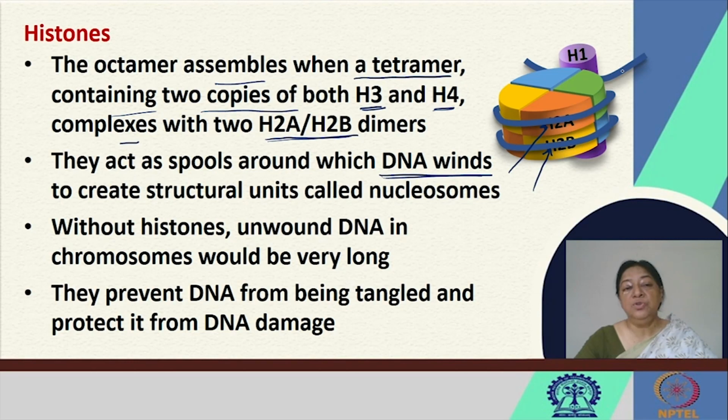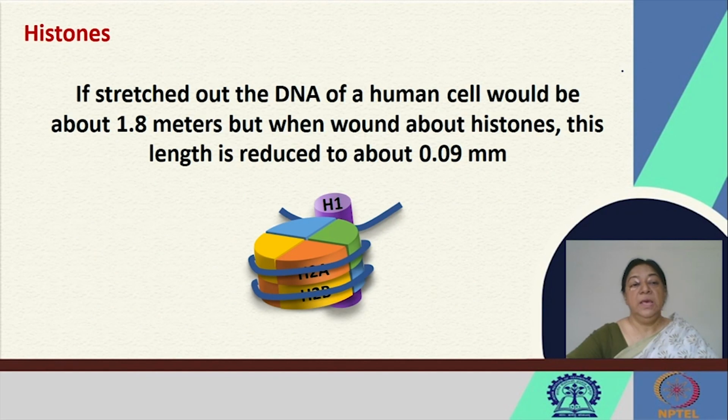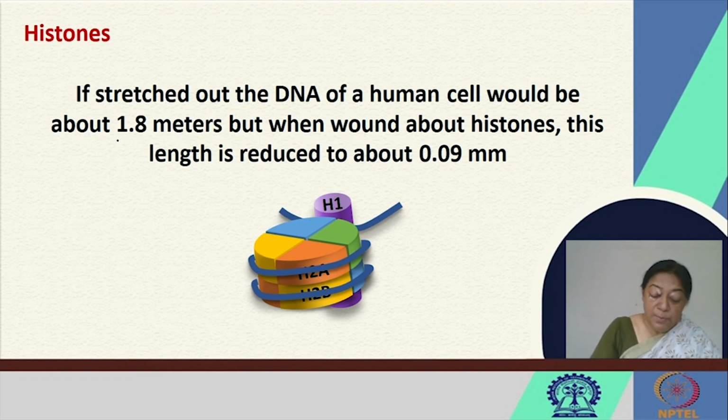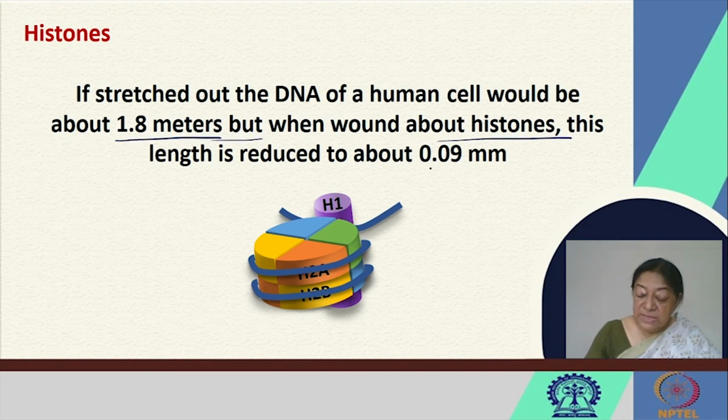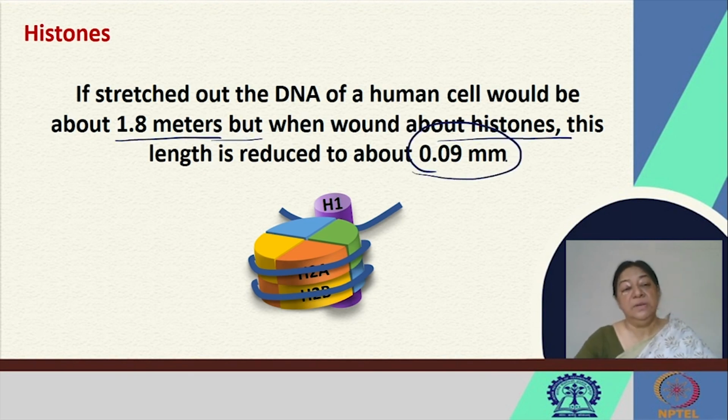So, the important role of the histones is to prevent DNA from being tangled and protect it from DNA damage. If stretched out, the DNA of a human cell would be about 1.8 meters long, but when wound about the histones, this length is reduced to about 0.09 millimeter.